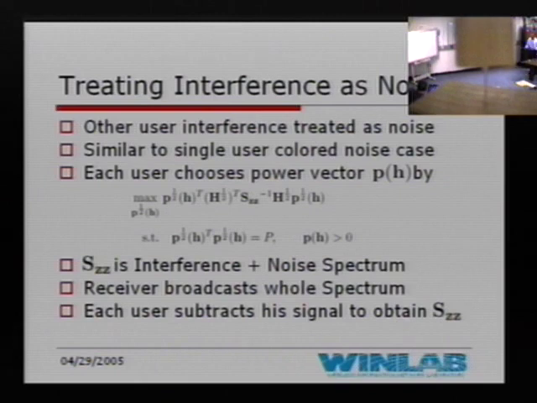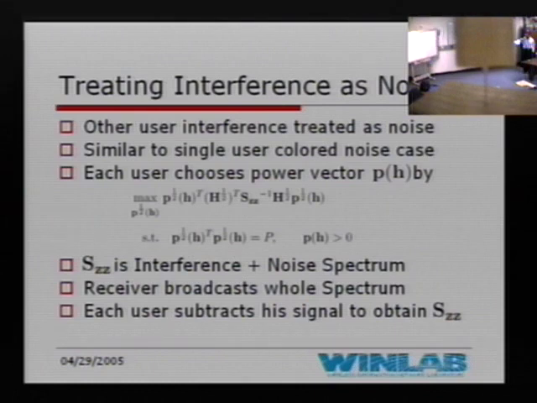So the second heuristic is to treat whatever we have from the other guy's signal as noise, along with the background noise. And this is similar to that single user colored noise case which we had a long discussion about some time back. This is the same problem replicated over here: each user chooses his power vector to maximize this expression, which involves his channel gain matrix times the interference plus noise matrix due to all of the users.